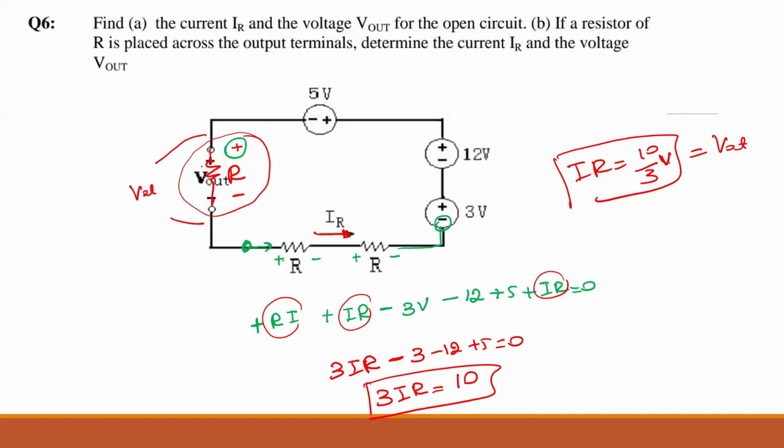R is replaced across the output terminal. We can't find the current without knowing the value of R. There is no way to find the resistance. We can't find the I.